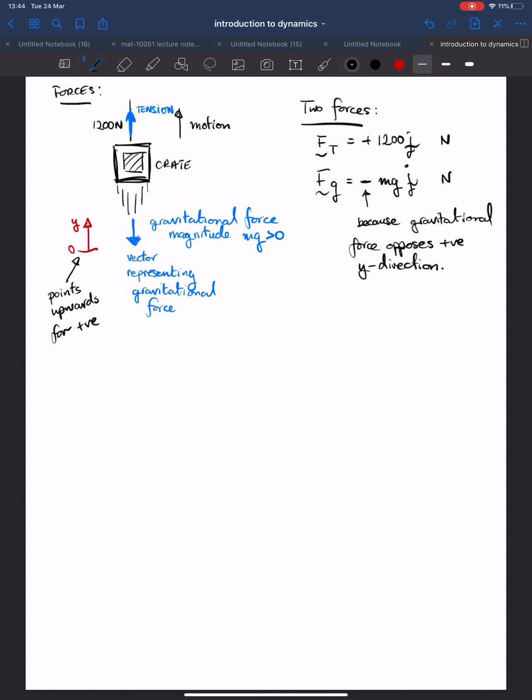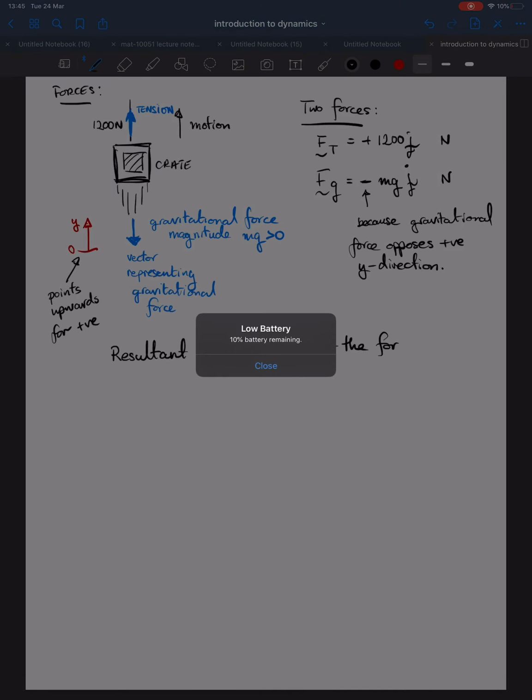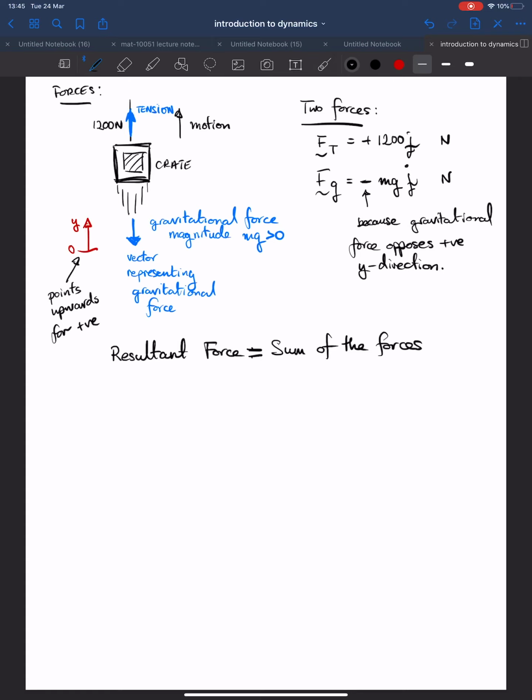So next, what about the resultant force? Remember that the resultant force is the sum of the forces. I'll put equals sum of the forces. Hopefully I can finish before the battery runs out. This gives us Ft plus Fg. That's all it is.